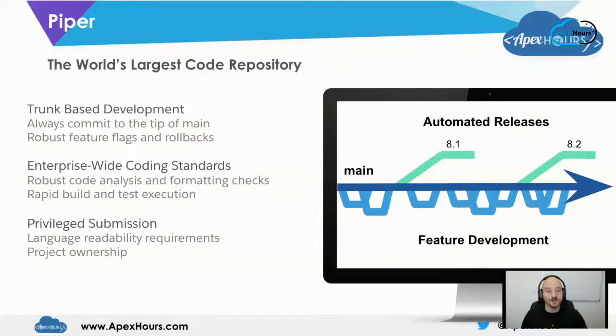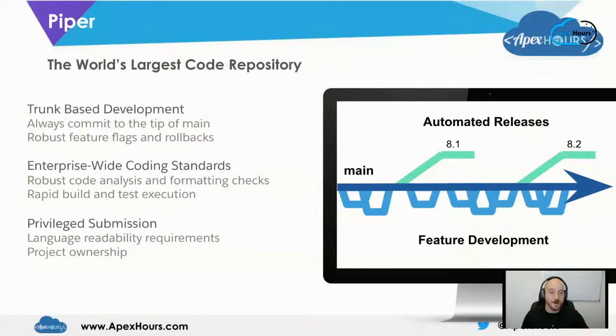But I might need to write some sort of tool that may be built in Java or Python. When I raise a proposed change in the Java programming language, I need to have that proposed change reviewed by somebody who has earned what we call Java readability. That means that person has written enough Java, and they're familiar enough with the enterprise-wide standards, that they can tell you if you're adhering to those standards or deviating from them.